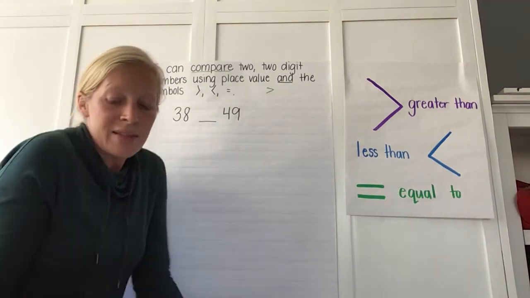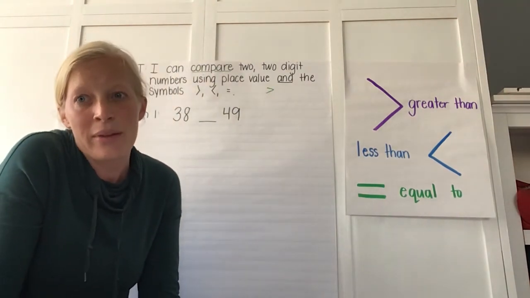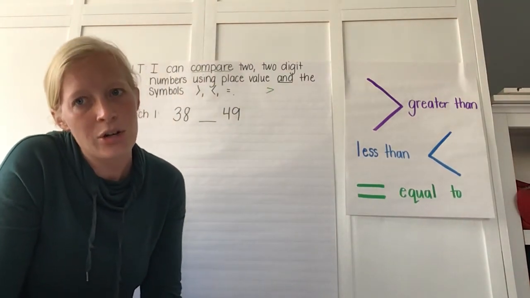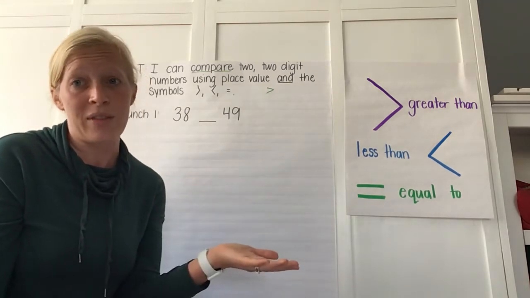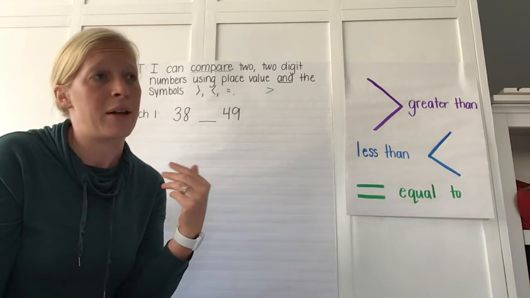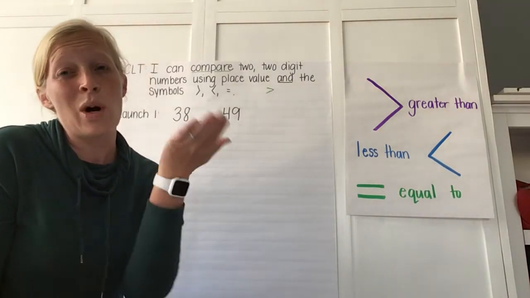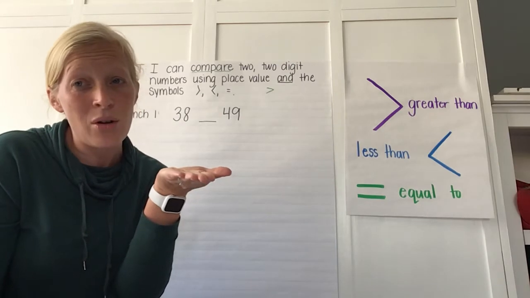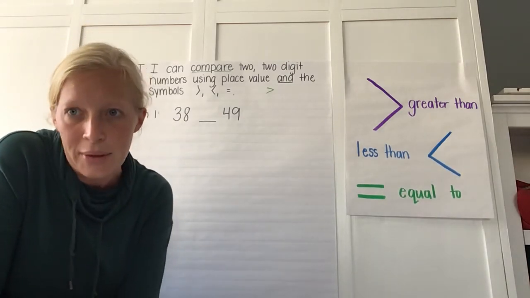Another way that sometimes makes sense to people and sometimes doesn't is when we think about the alligator, right? Raise your hand if you've heard about the alligator before. That doesn't mean we have to remember it that way, but this is another way to think about it. If you think about an alligator, is it gonna want a little tiny meal or is it gonna want something big? It's gonna want something big.